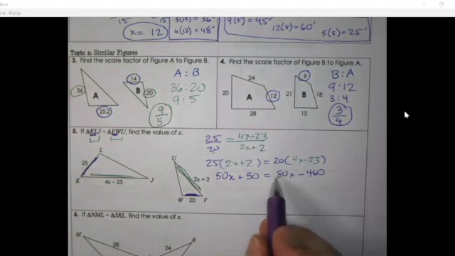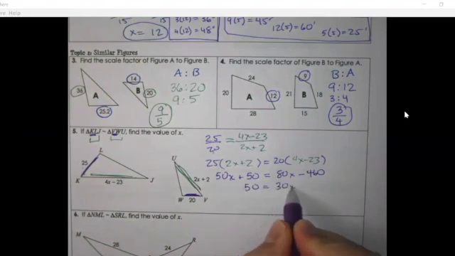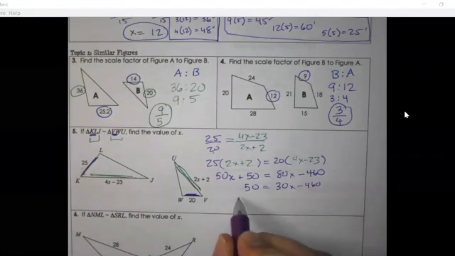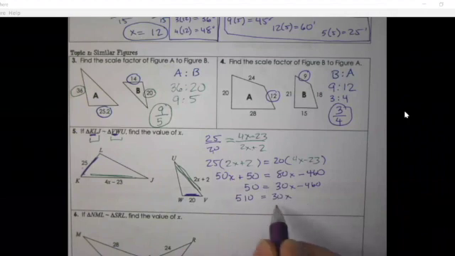I'm going to try to keep my x's positive, so I'm going to subtract the 50x from both sides. I get 50 is equal to 30x minus 460. I can add 460 to both sides to get 510 equals 30x.